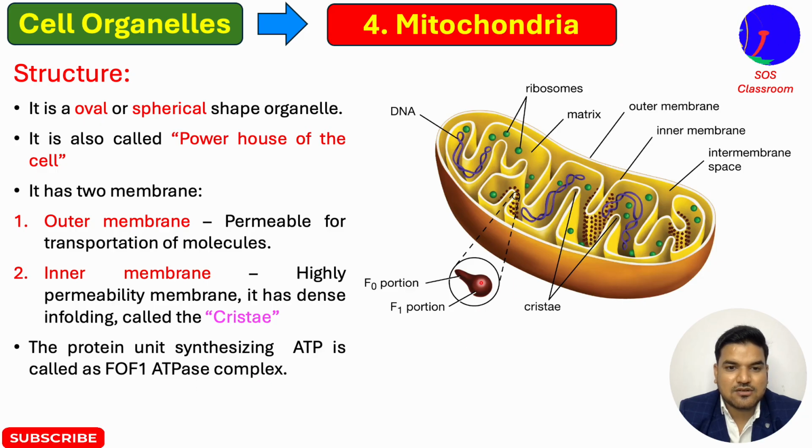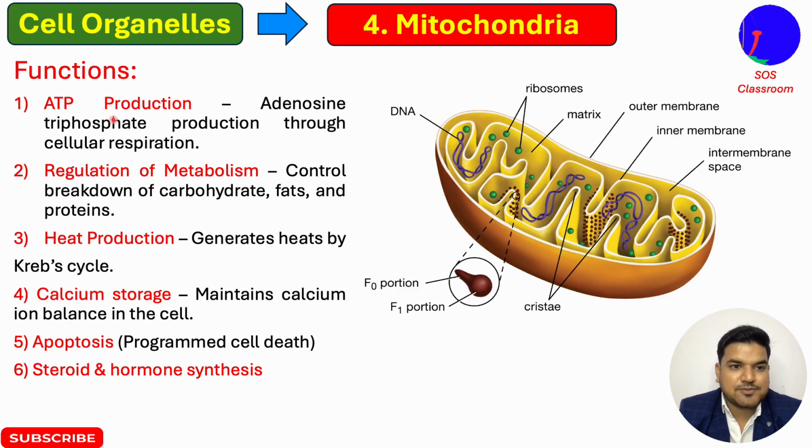This ATPase complex is present on the inner membrane of the mitochondria and helps in different types of chemical reactions, especially in the Krebs cycle, and in the formation of different types of molecules, ATP, as a form of energy. That's why it is called the powerhouse of the cell.